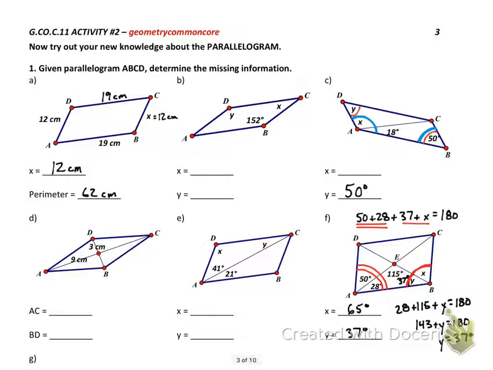So the bottom left angle is going to be x plus 18, plus 50 for the other angle. And these have to add up to 180.